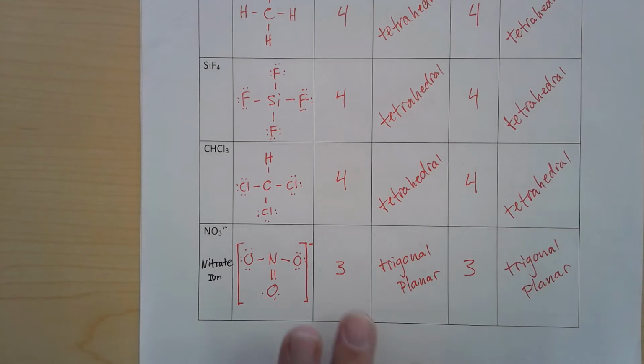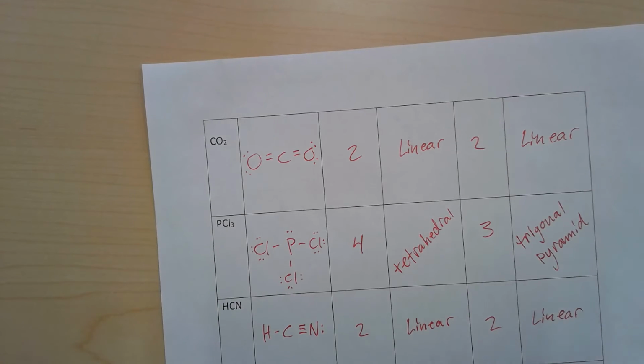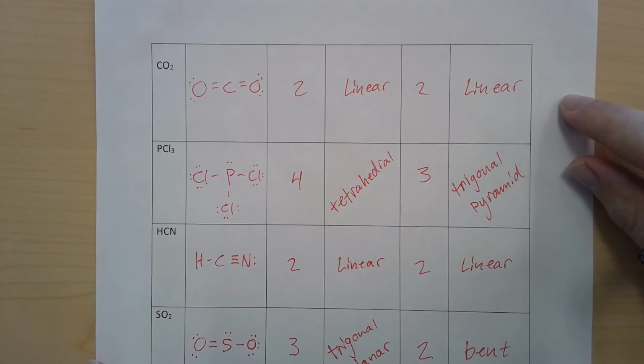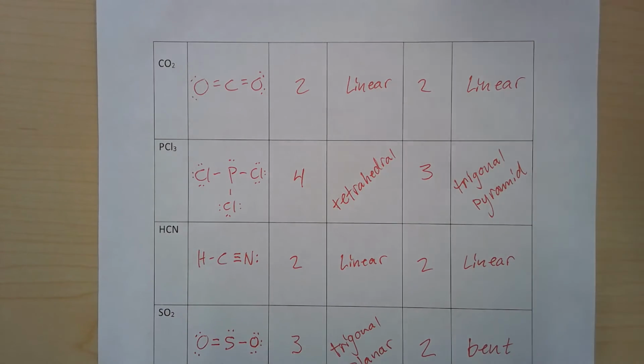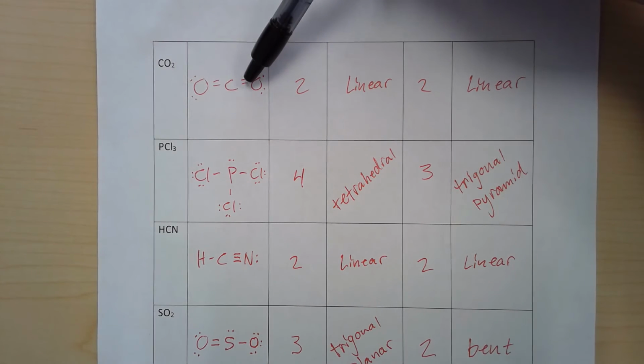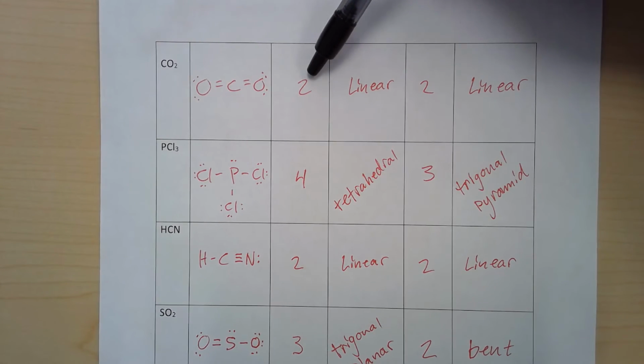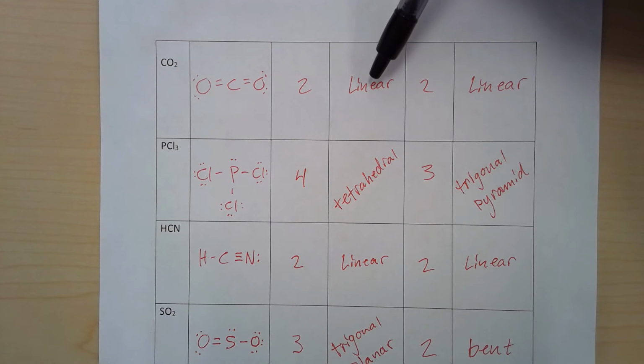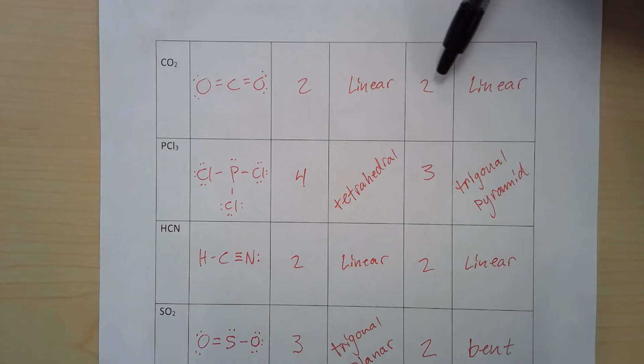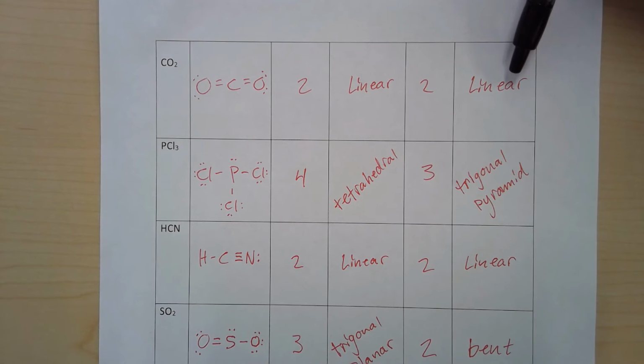Okay, let's move on to the next page. What we have here in CO2 is two double bonds around carbon. That means that there's two regions of electron density, which makes it linear, and the molecular geometry thus is linear as well.